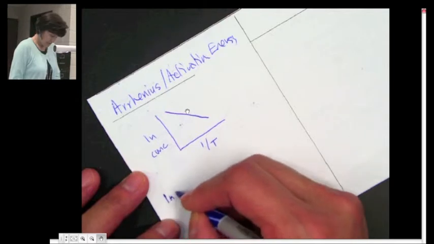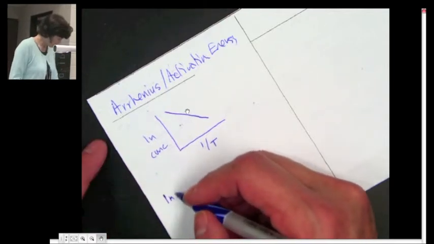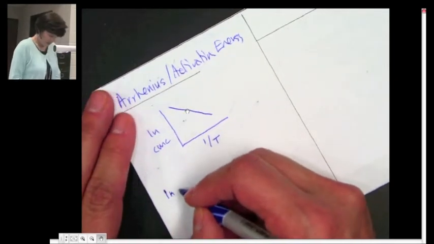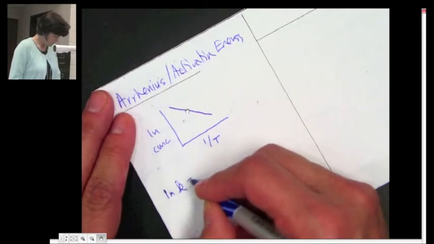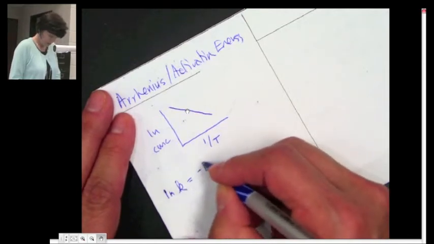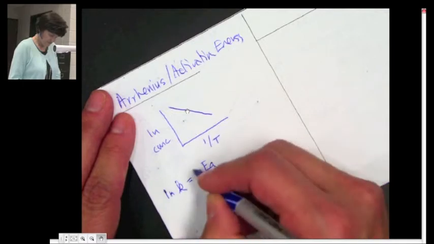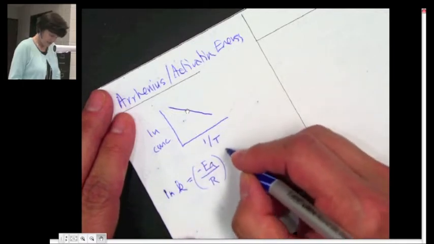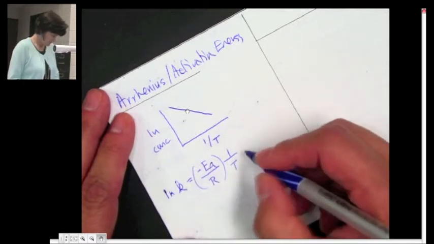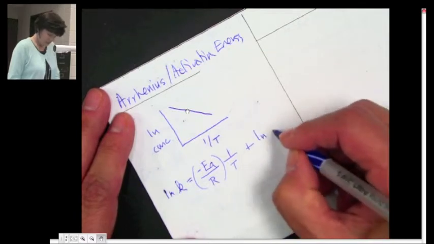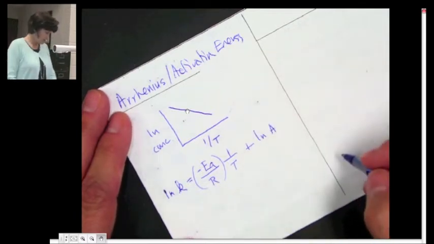You can take the natural log of the rate constant, which is equal to the activation energy over the gas constant times the reciprocal of the temperature plus the natural log of the constant.